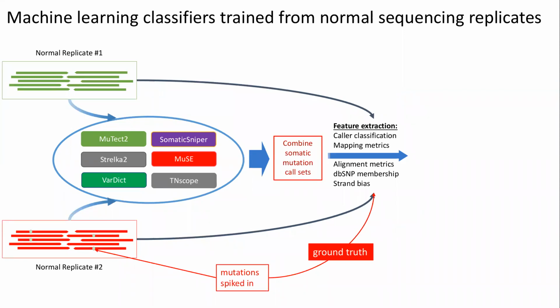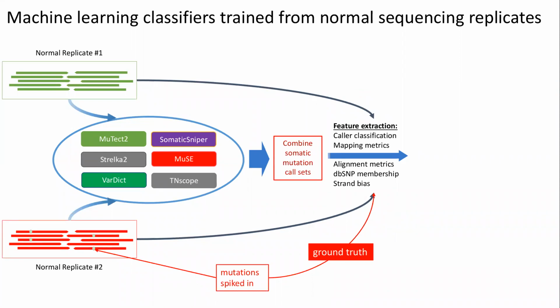What's the number of misalignments within 10 bases, for instance? What is the mapping quality? Is it a dbSNP variant? Does it have strand bias? What's the base quality score? And for a total of 100 different features for each variant call. And then we will label each of them as true positive or false positive.